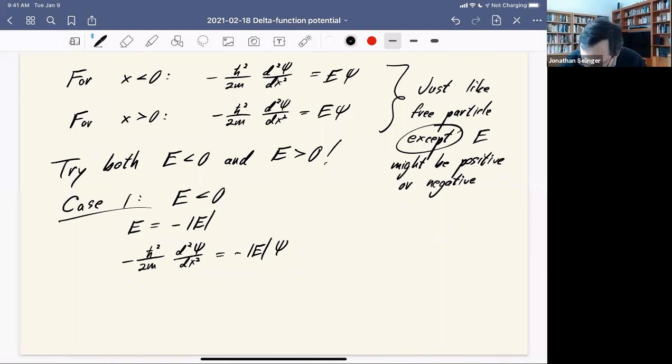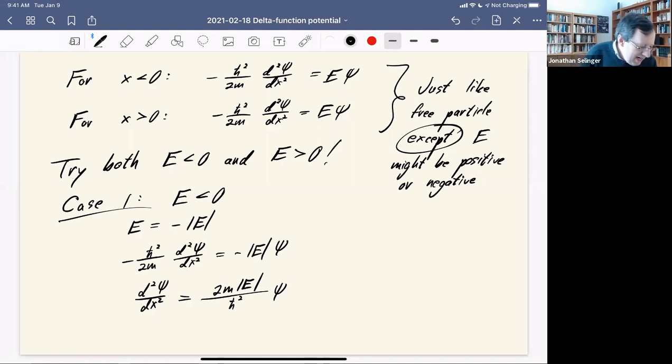Okay, so that then tells us that the second derivative of psi is a positive number, 2m absolute value of E over h bar squared times psi. Okay. So this case is different from the free particle, right? Because the free particle had a second derivative that was a negative number times psi.